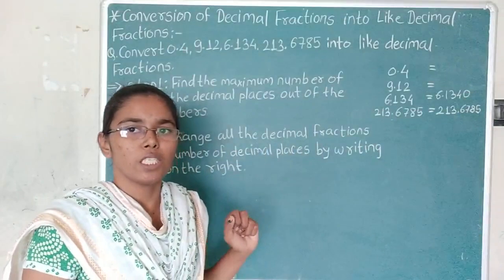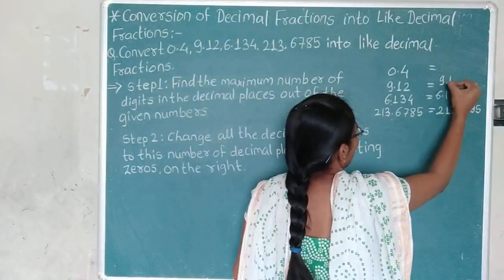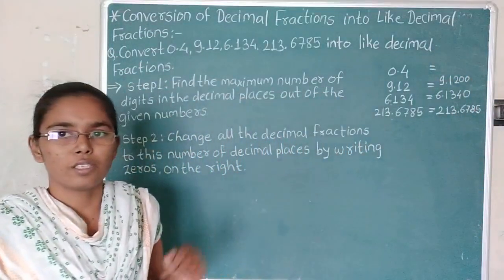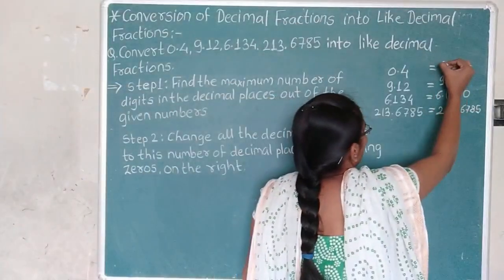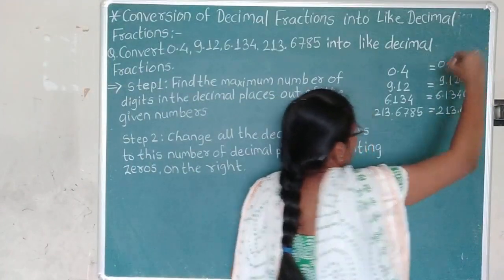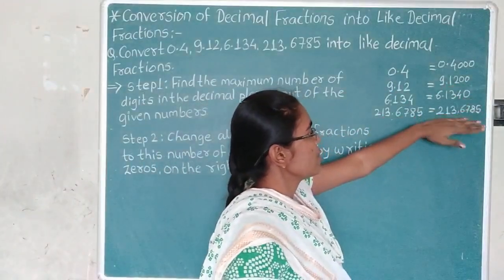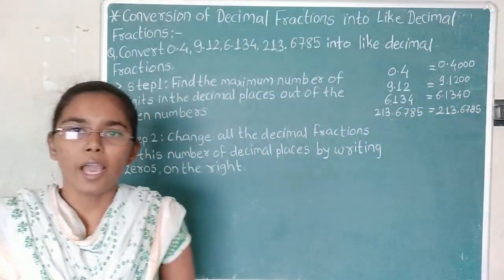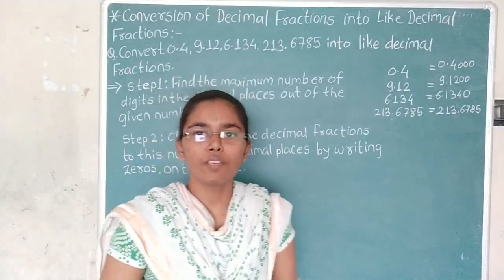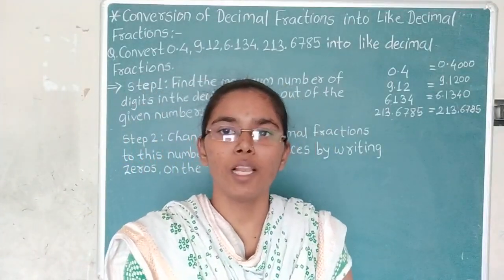Now we want to convert it into 4 decimal places, so by using equivalent decimal fractions, we will write 2 zeros after it. Now 0.4 can be written as 0.4000. Now these 4 decimals have 4 decimal places. So these are the like decimal fractions. In this way we can convert the given decimal fractions into like decimal fractions.